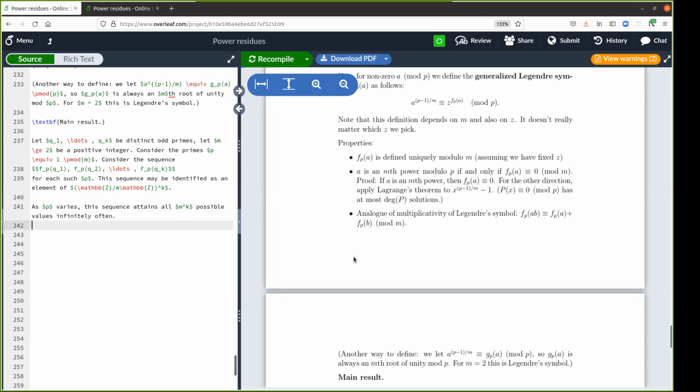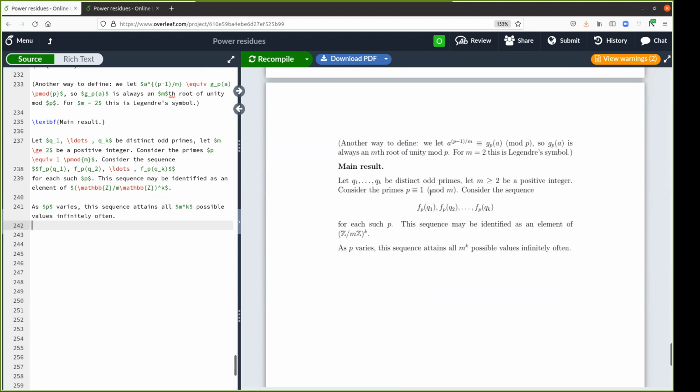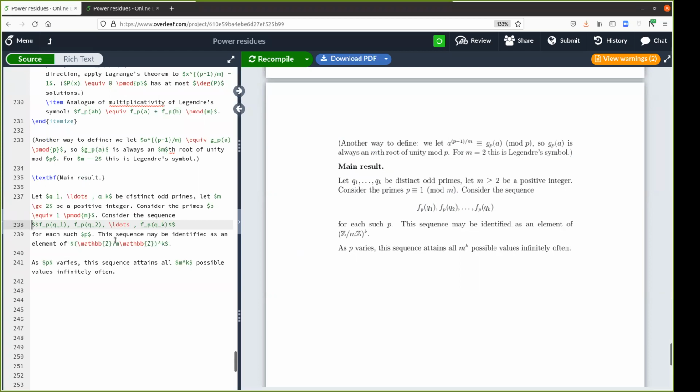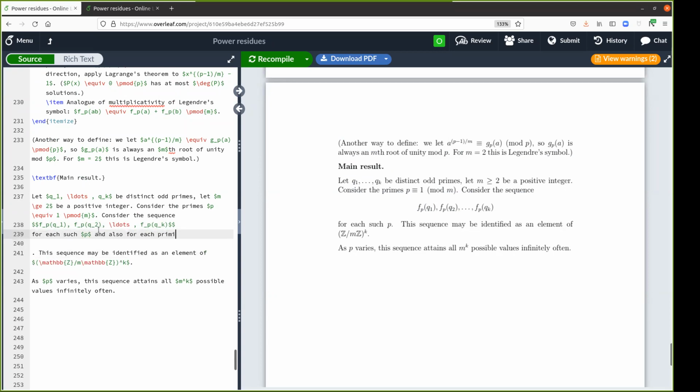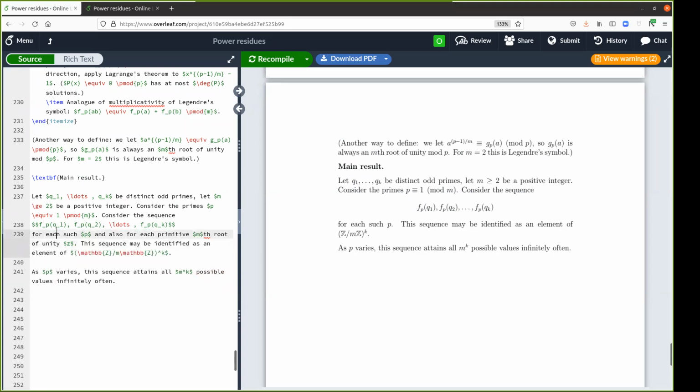So we take some distinct odd primes q_i and some m, and we consider the primes p equal to 1 modulo m, and we consider the values of the f_p function at these primes q_i for each such p, and also for each primitive mth root of unity z. And I'll put that into the subscript.